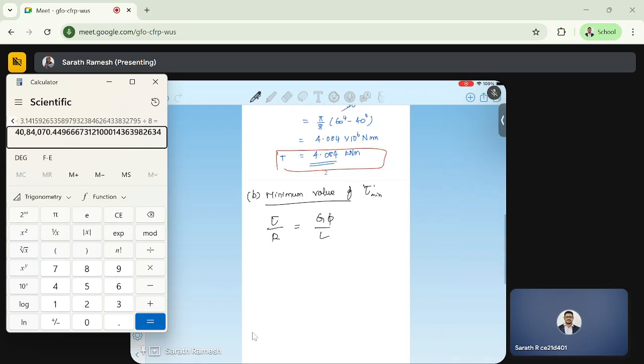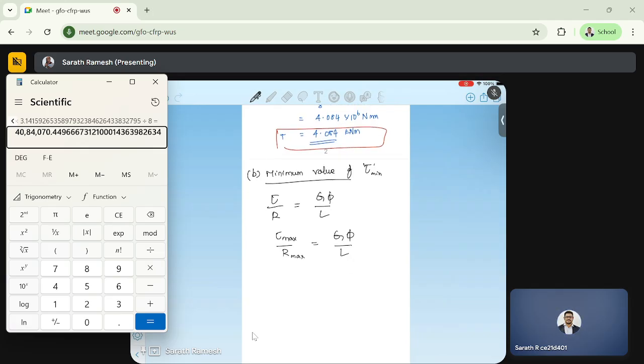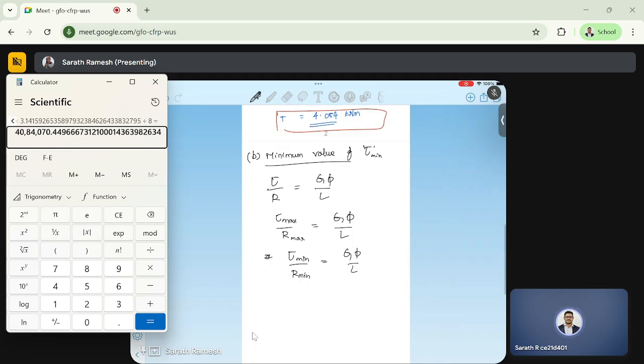At the outer surface, tau max by R max equals G phi by L, where G is the same for a material, phi is the same, and L is the same. Similarly, tau min by R min, at a given section, phi is the same, G is the same, L is the same.